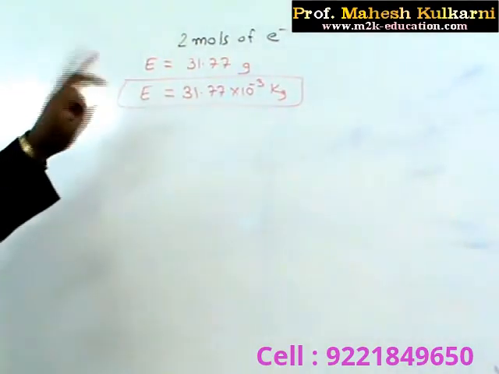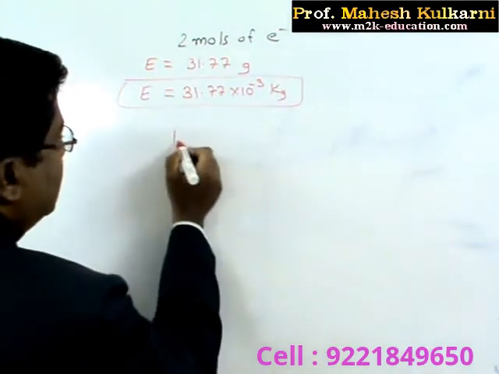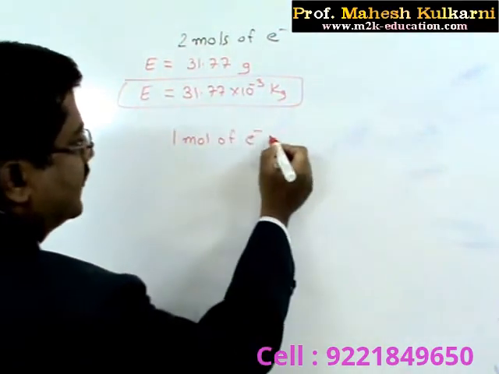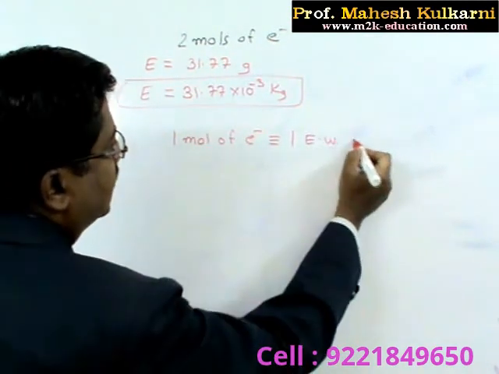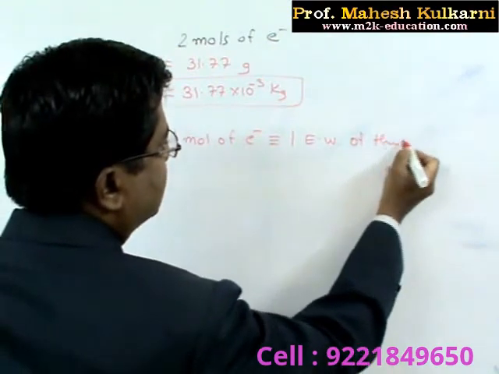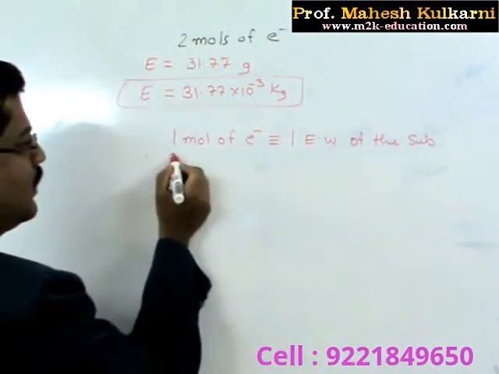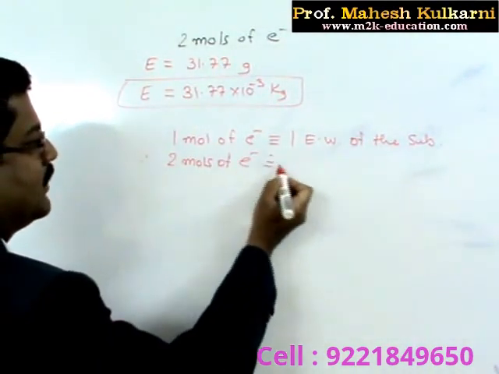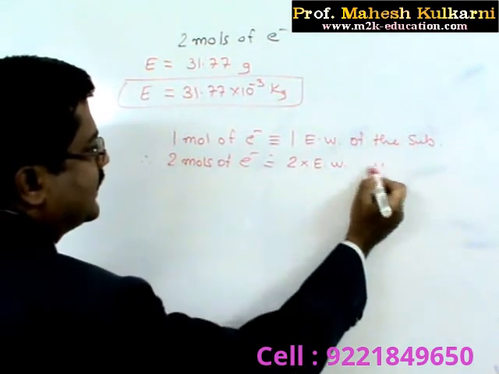Now we have 2 moles of electrons. Keep in mind this law, that 1 mole of electrons will correspond to 1 equivalent weight of the substance. Therefore, here 2 moles are there. So they will deposit 2 into the equivalent weight of the substance.